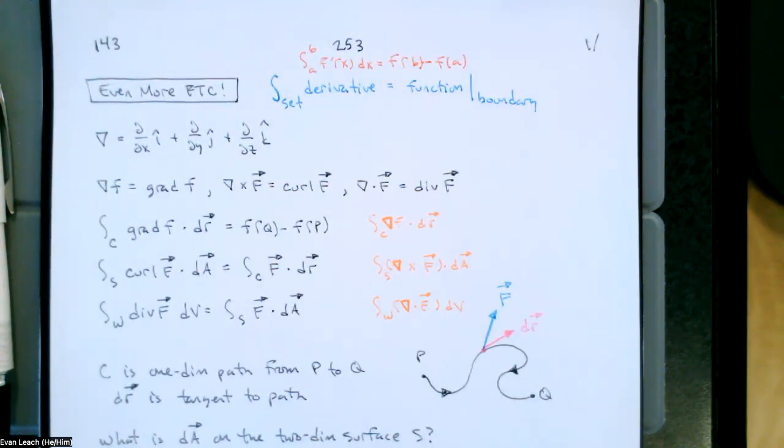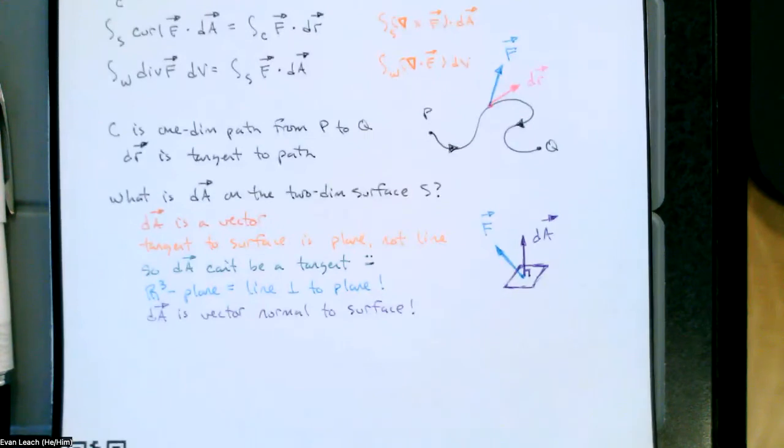At this point, you're going to observe that I still have not told you what the curl of a vector field is or the divergence of a vector field is. We've just talked about the structure with this derivative. We've talked about what a surface integral looks like in the calculation, but I haven't told you what curl and divergence is.